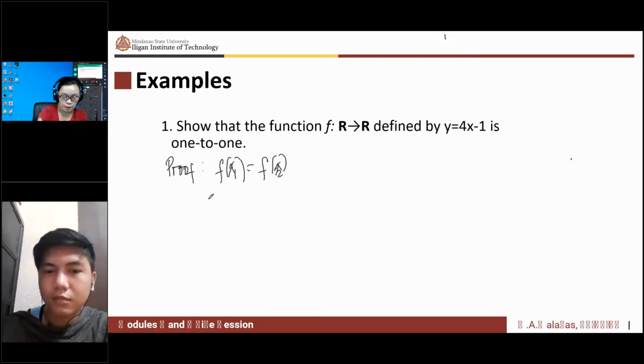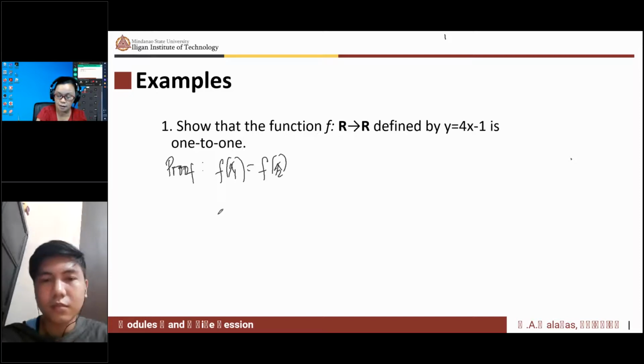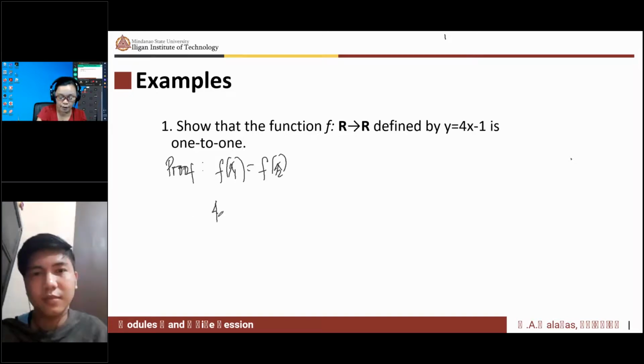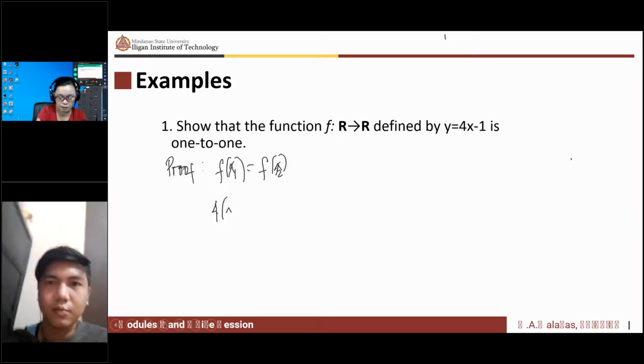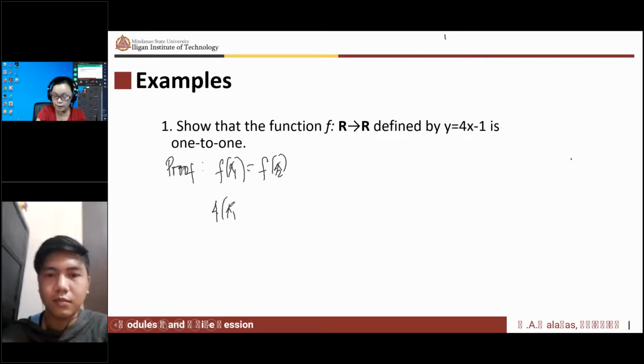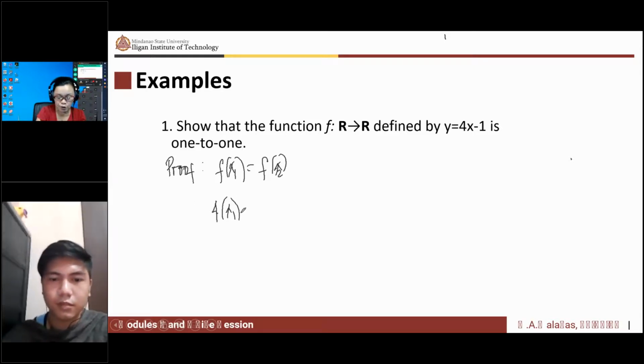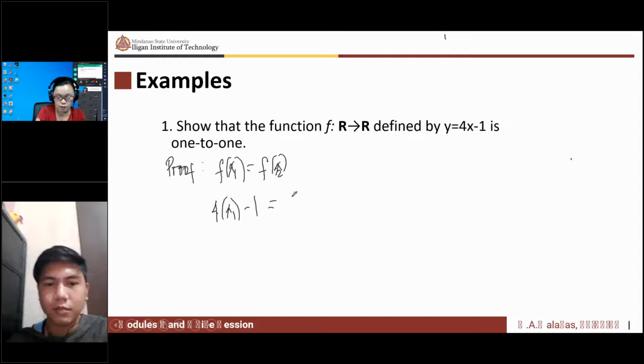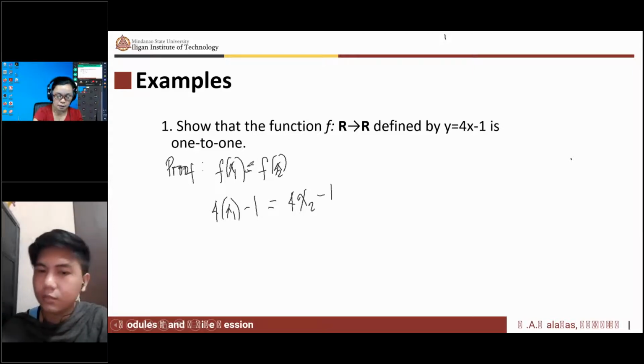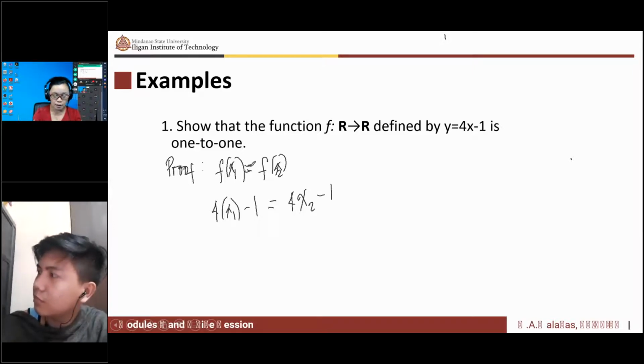Therefore, this implies that we have 4x1 minus 1 equals 4x2 minus 1. Remember this little thing called equality?